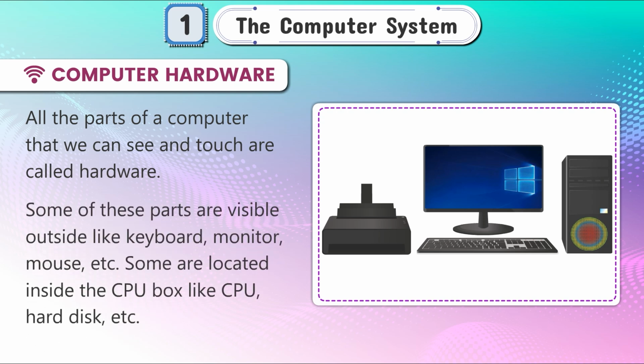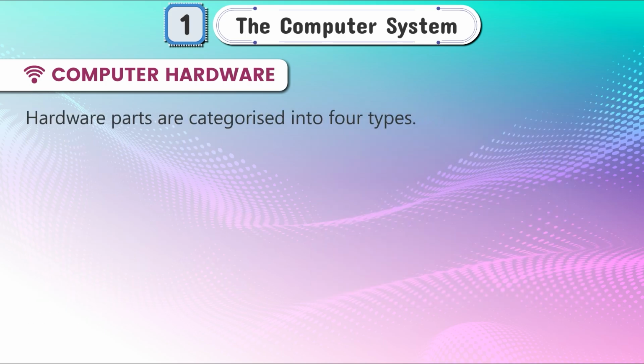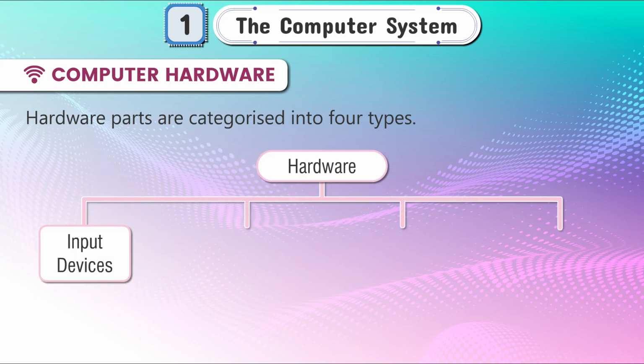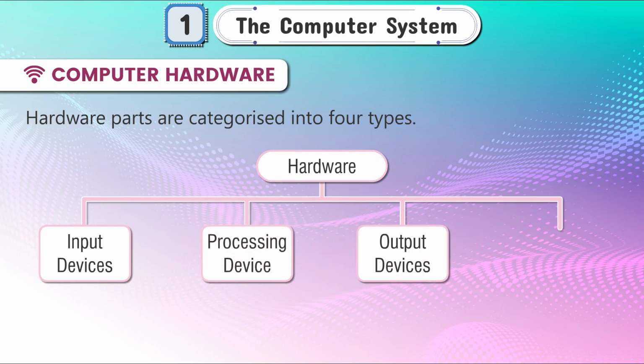Some of these parts are visible outside, like keyboard, monitor, mouse, etc. Some are located inside the CPU box, like CPU, hard disk, etc. Hardware parts are categorized into 4 types: input devices, processing device, output devices, and storage devices.